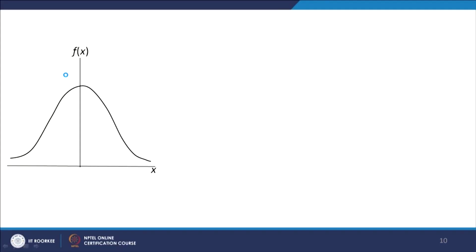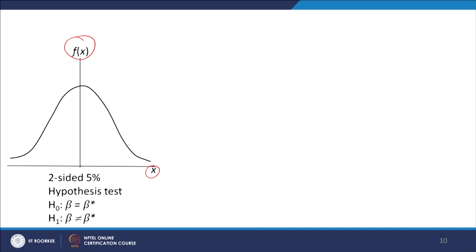So, this is actually explained using a diagram. First we explain the two-sided hypothesis. Here we are measuring x on the horizontal axis and the frequency on the vertical axis, the way a distribution curve is generally drawn. It may follow a normal distribution, it may follow a t distribution. I am generally going for a nice bell-shaped curve.